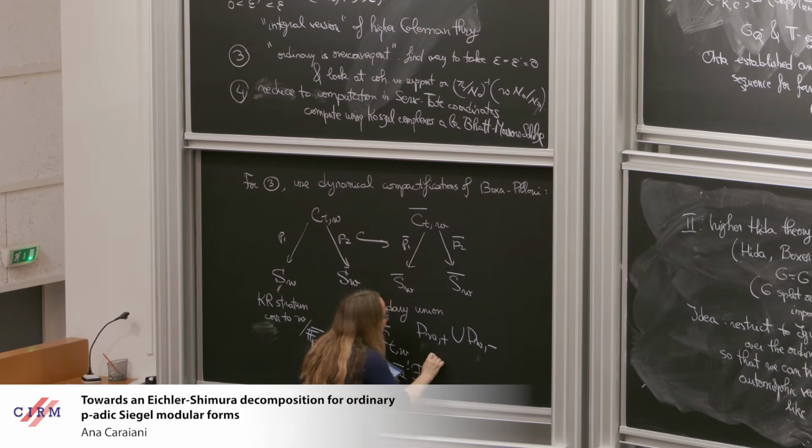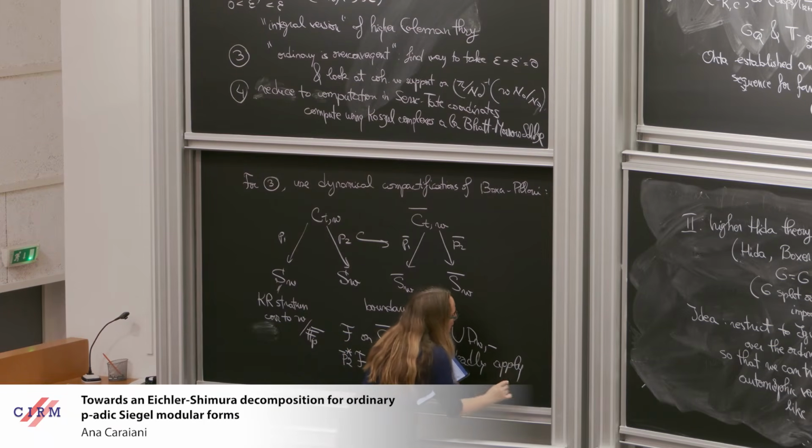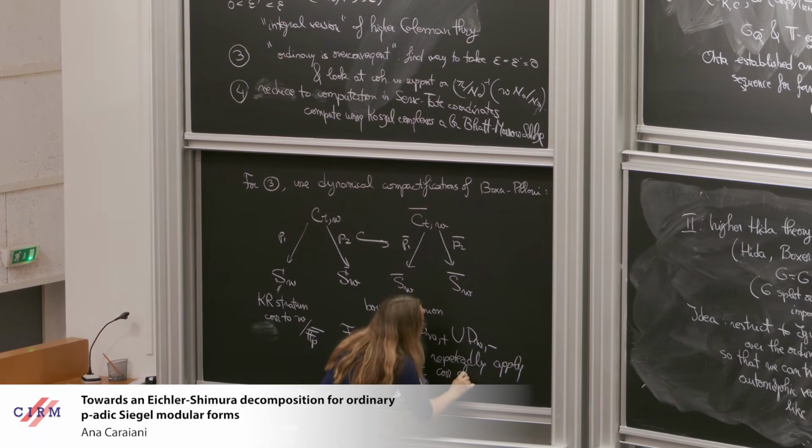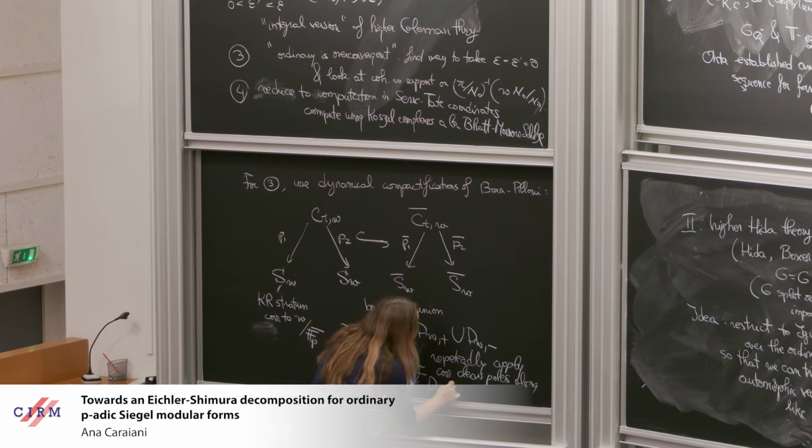So repeatedly applying the correspondence clears poles along D plus and zeros along D minus.